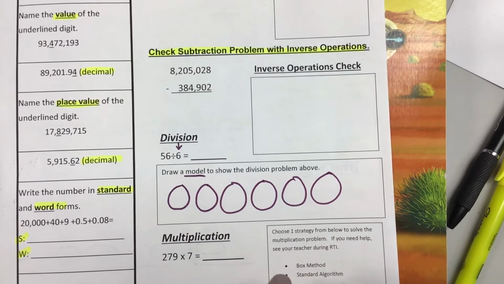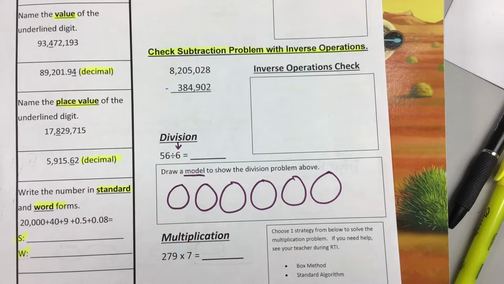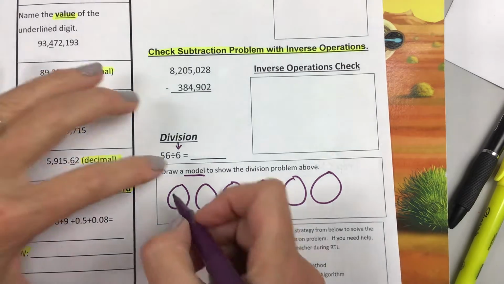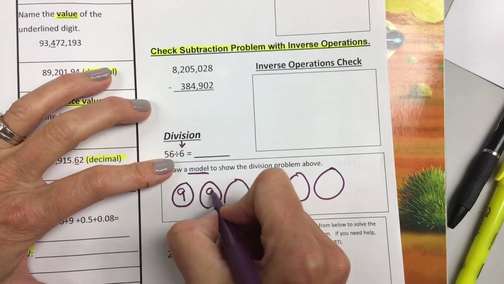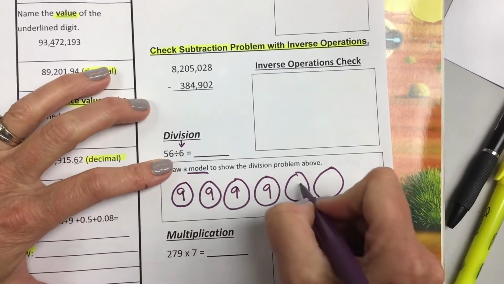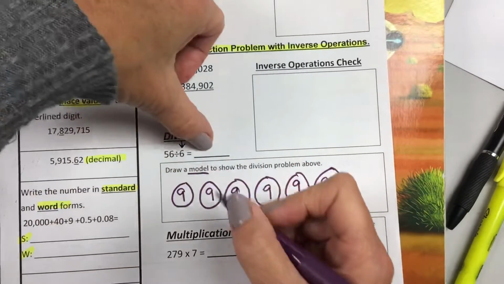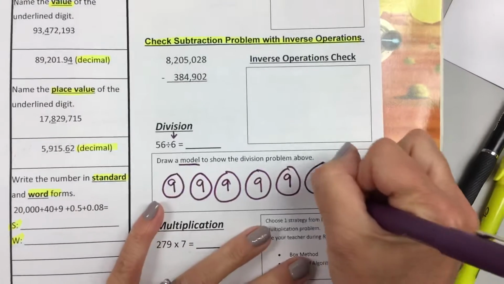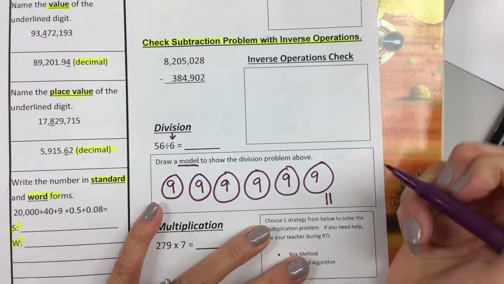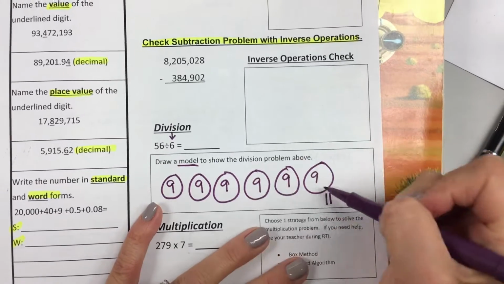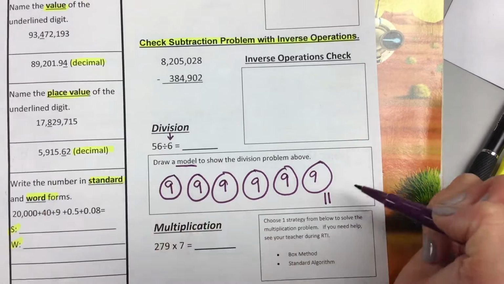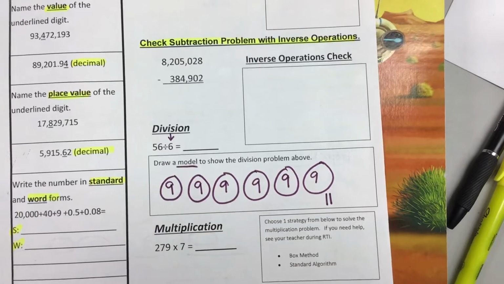Now, I know my math facts, so 6 times what gets me close to 56? 6 times 9 is 54, and 6 times 10 is 60, so that's too many. So I will put 9 in each group. But 9 times 6 is only 54, so that means I have some left over. 55, 56. My quotient is 9 with a remainder of 2. Don't forget to put that in the line.